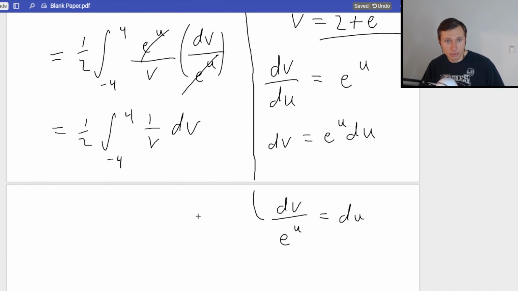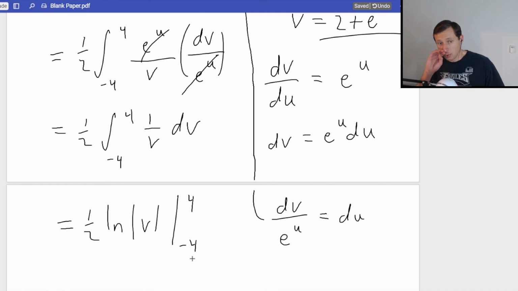Hopefully you know this integral because it's the natural log. It's 1/2 natural log absolute value of v evaluated from 4 to -4. Now, before we evaluate at 4 and -4, we do need to plug back in for u and then again for x, which is very annoying, I know.